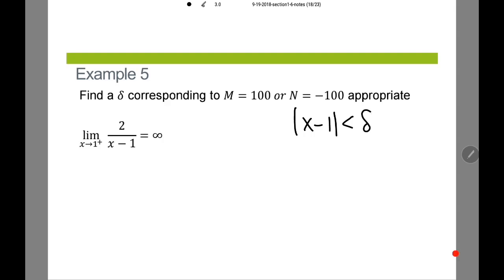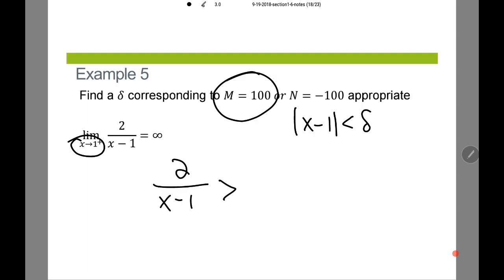And we're going to find the delta value that goes with this m or n value of 100. In this case, I'm approaching a positive number, so I'm going to use the m equal to 100. That just means I need to make my function, 2x minus 1, bigger than 100.